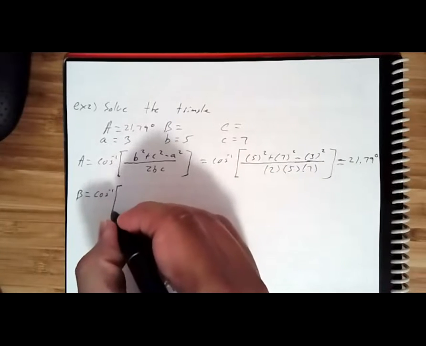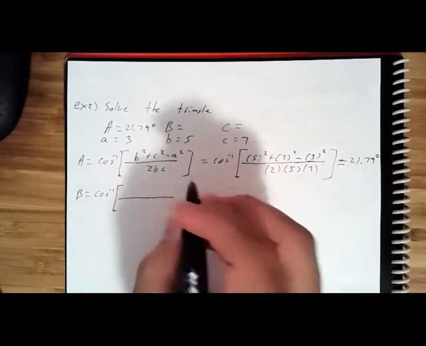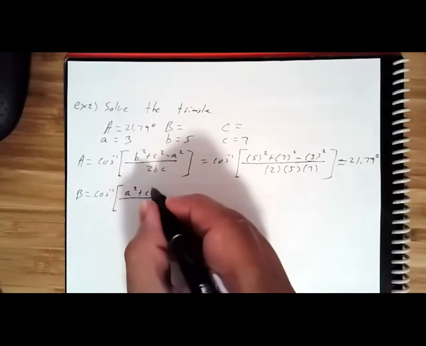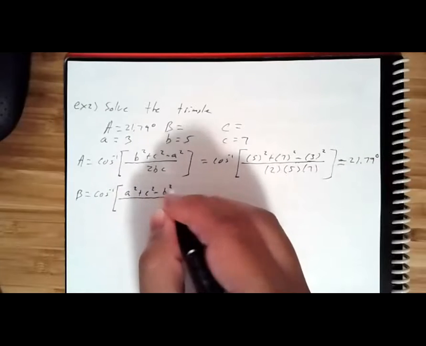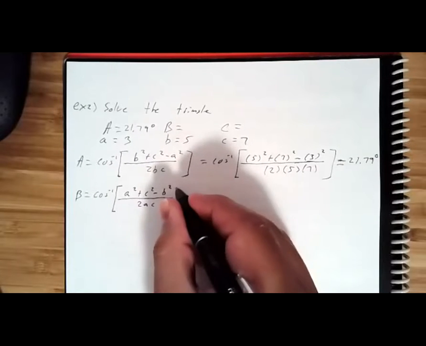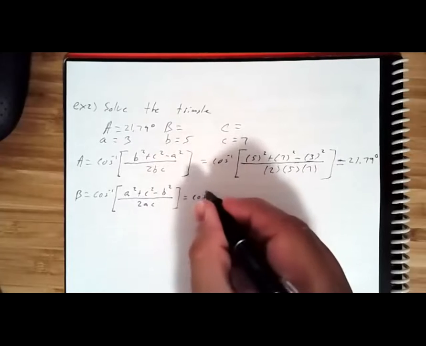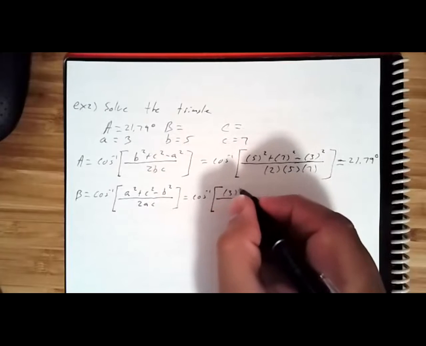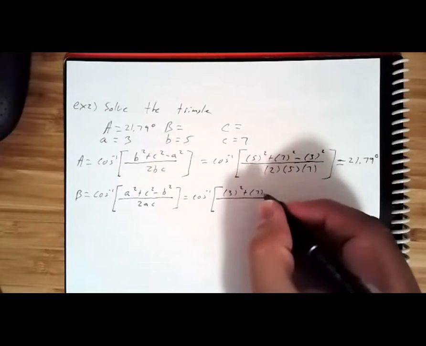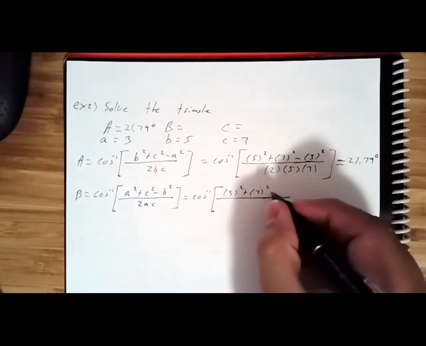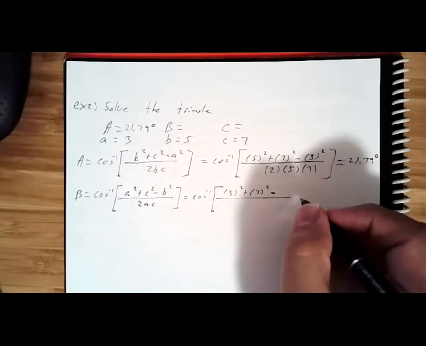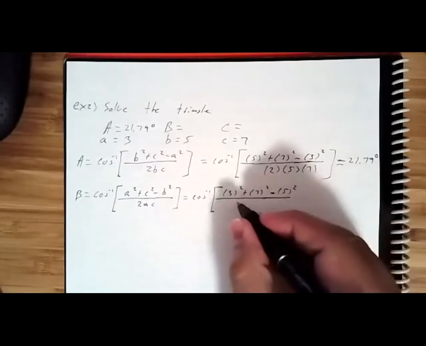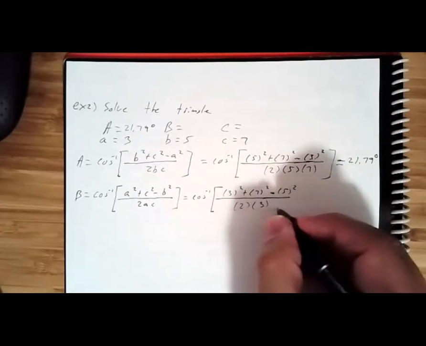Now let's do this again with B, the formula for angle B. Cosine inverse will equal a squared plus c squared minus b squared over 2ac, which is equal to cosine inverse of 3 squared plus 7 squared minus 5 squared over 2 times a times c.